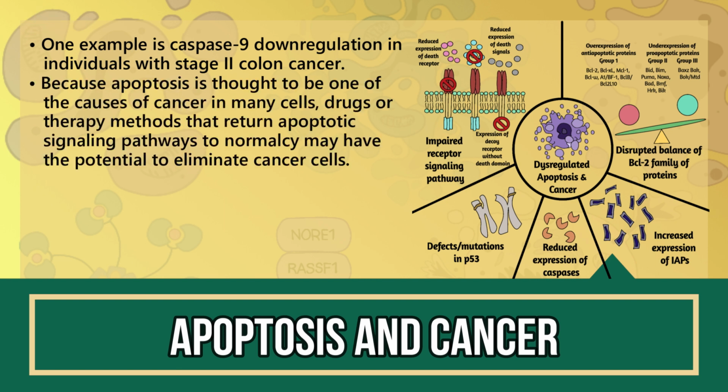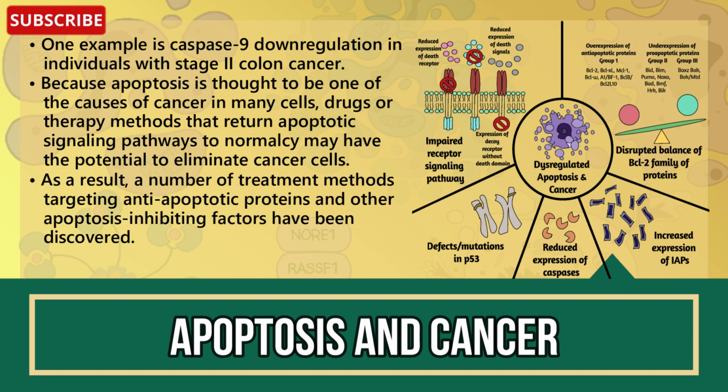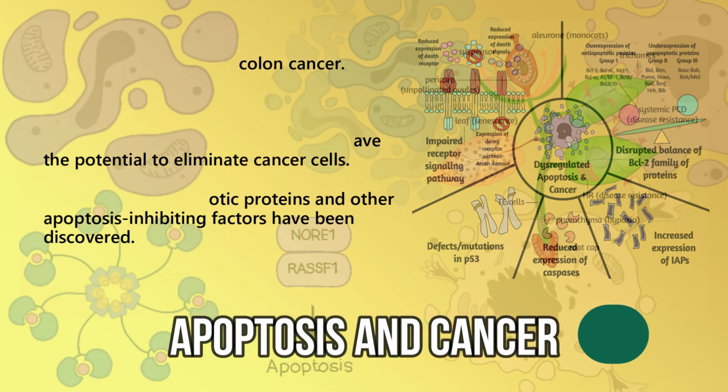Because apoptosis evasion is thought to be one of the causes of cancer in many cells, drugs and therapy methods that return apoptotic signaling pathways to normalcy may have the potential to eliminate cancer cells. As a result, a number of treatment methods targeting anti-apoptotic proteins and other apoptosis inhibiting factors have been discovered.